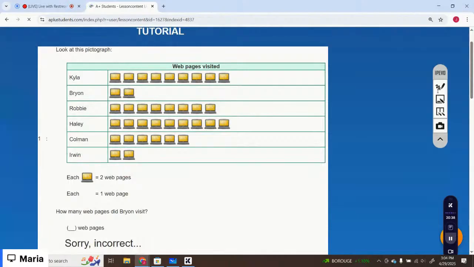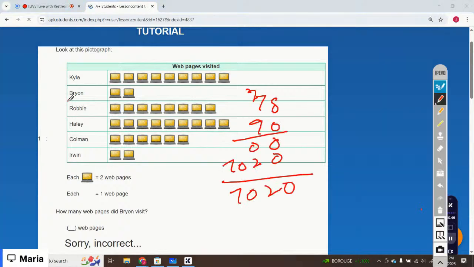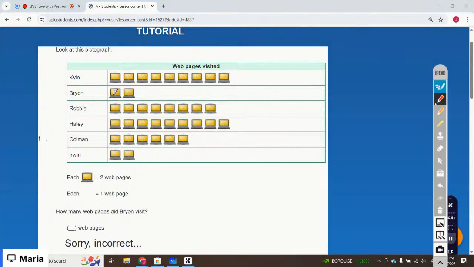Each computer equals a number of web pages. How many web pages does Brian use? So one system is equal to two web pages. So 2 plus 2, the correct option is 4.